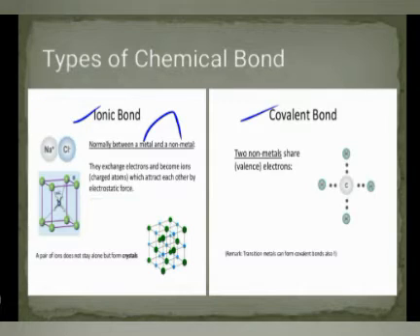The name of the force is electrostatic force. Later on, molecules bonded with ionic bonds form crystals. So the table salt you have is a crystal, simple, formed with ionic bonds.